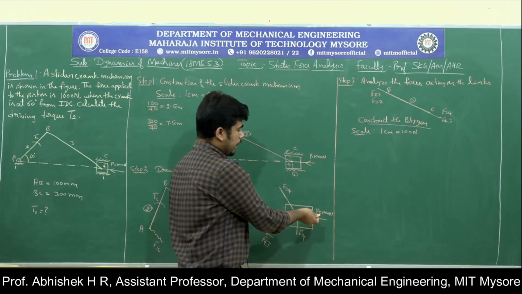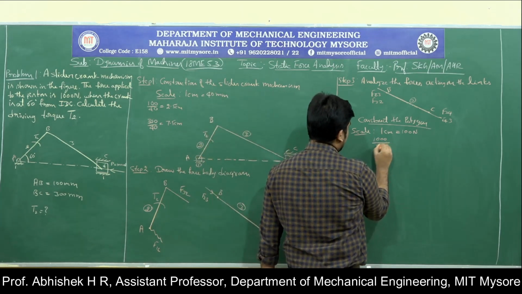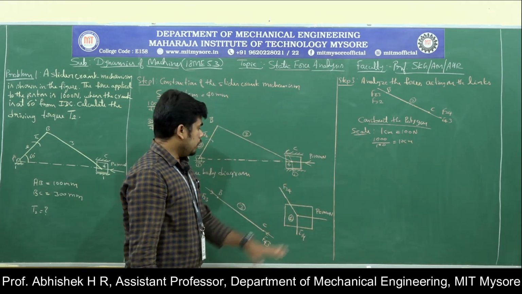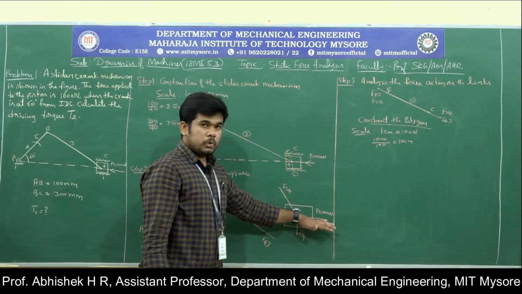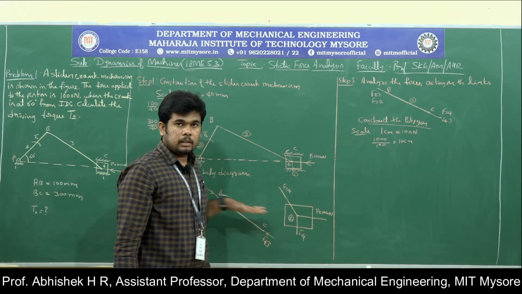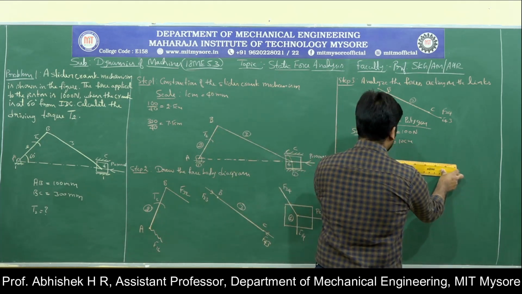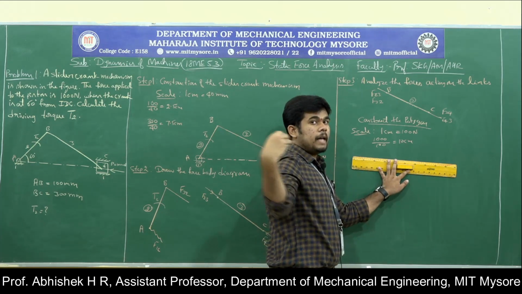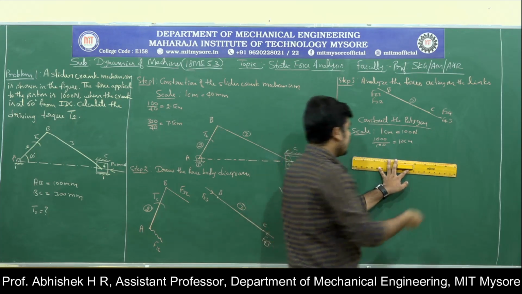So here I have 1000 Newton. 1000 Newton divided by 100 means it will become 10 centimeter. So draw a line of 10 centimeter parallel to the load acting, in the direction of the x-axis. Draw a straight line from right hand to left hand side, because the load acting on the mechanism is from right hand side to left hand side.